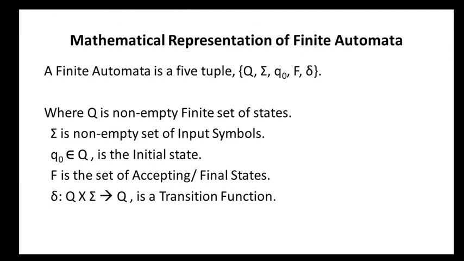Q0 belongs to Q, is an initial state or start state. F is the accepting state or final state. The transition function, that is Q cross sigma leads to Q, that is, the set of states and symbols lead to some state. That is a transition function.